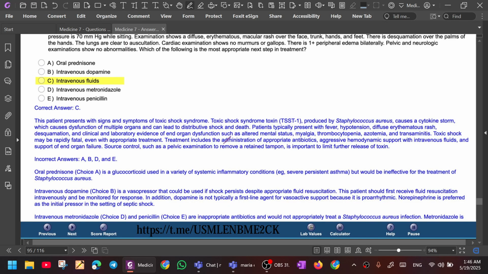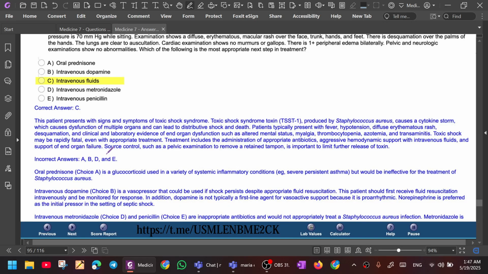Treatment includes appropriate antibiotics, aggressive hemodynamic support, IV fluid, and support of end organ failure. Source control, such as pelvic examination to remove a retained tampon, is important to limit further release of toxin.